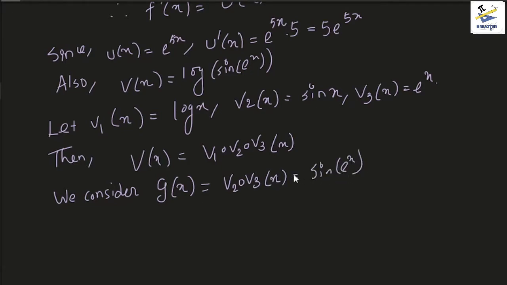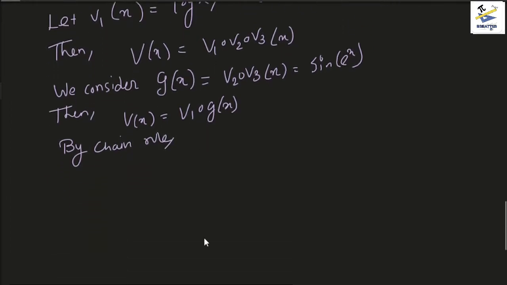Okay, then v of x would just be equal to v1 composition of g of x, right? By chain rule, v prime of x would just be equal to v1 prime of g of x into g prime x, right?